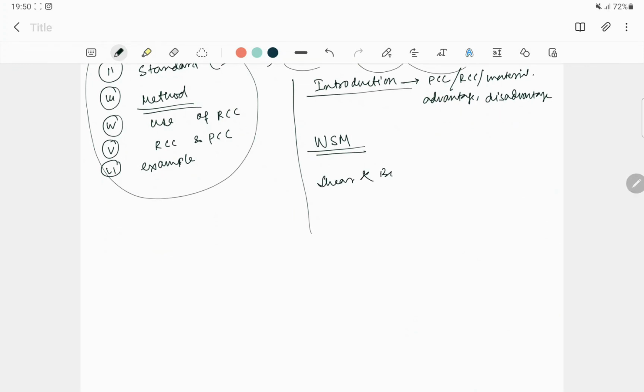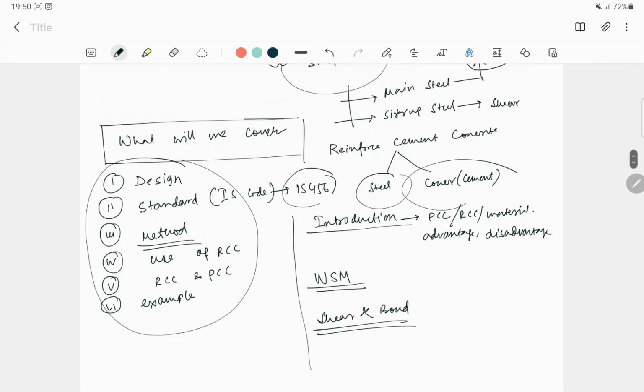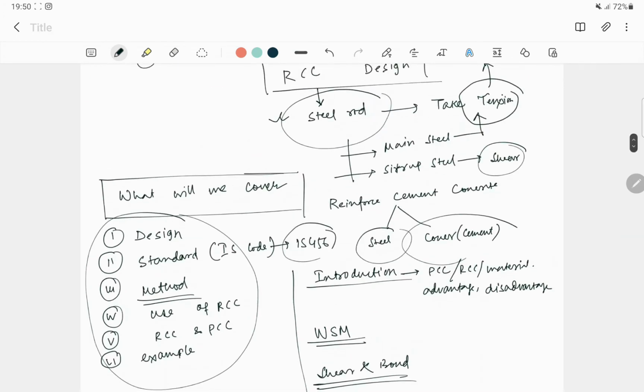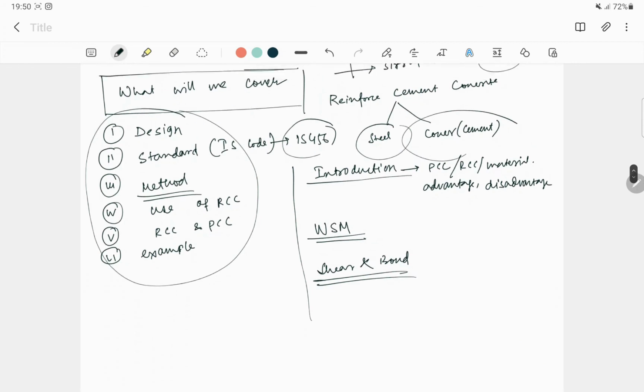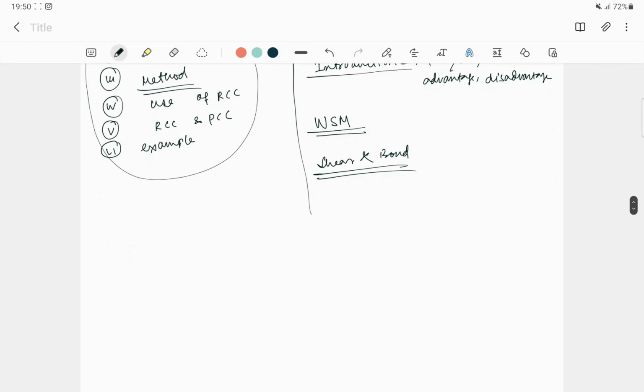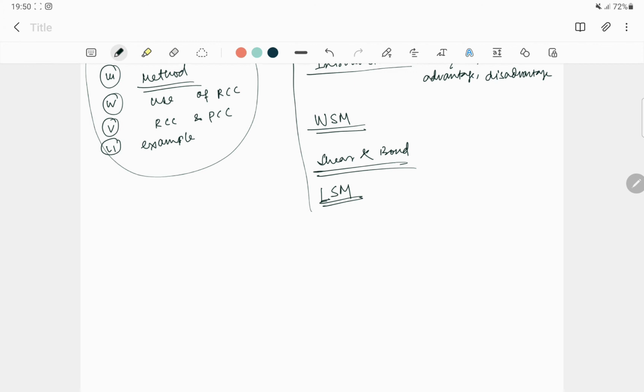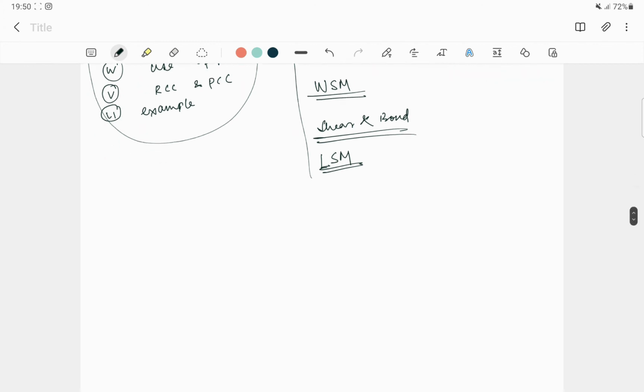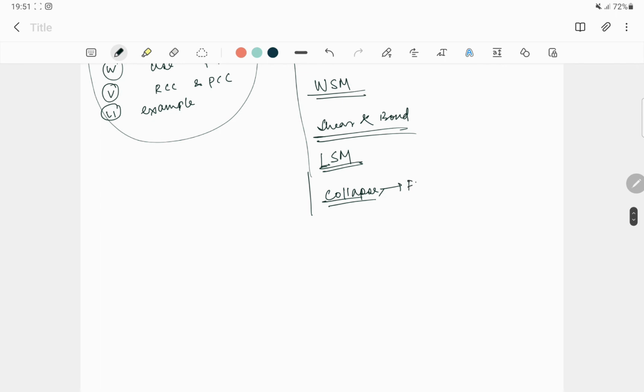Third, we'll talk about shear and bond. Why shear and bond? I talked about the stirrup steel resisting shear. Then we talk about the beautiful, gorgeous limit state method. Then we talk about the limit state method of collapse, in which we talk about flexure and shear.